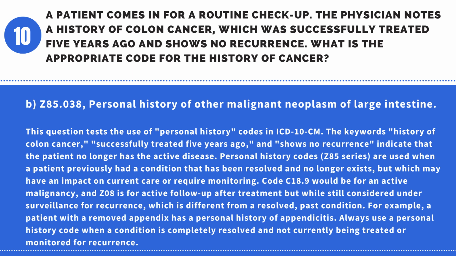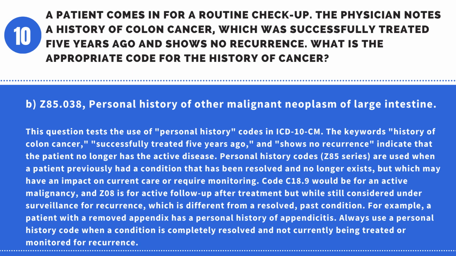This question tests the use of personal history codes in ICD-10-CM. The keywords history of colon cancer, successfully treated 5 years ago, and shows no recurrence indicate that the patient no longer has the active disease. Personal history codes, Z85 series, are used when a patient previously had a condition that has been resolved and no longer exists, but which may have an impact on current care or require monitoring.